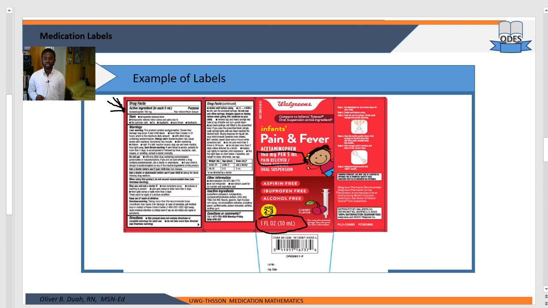You are also going to see storage information, reactions or potential adverse effects that may come as a result of the use of this, and some data which is required by the FDA. We will not go into details. On the bottom here, you are going to see the lot number and the expiration date.